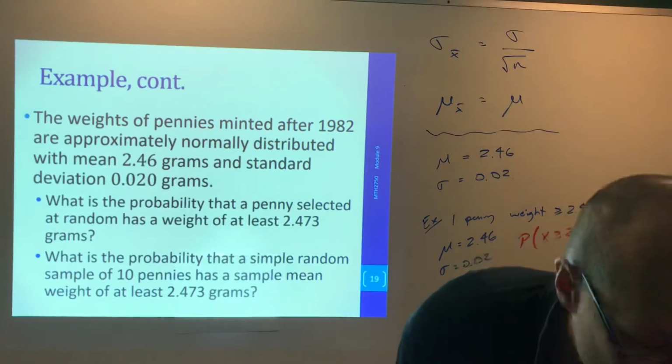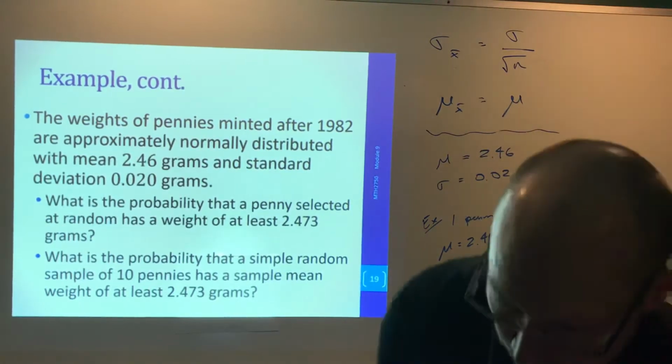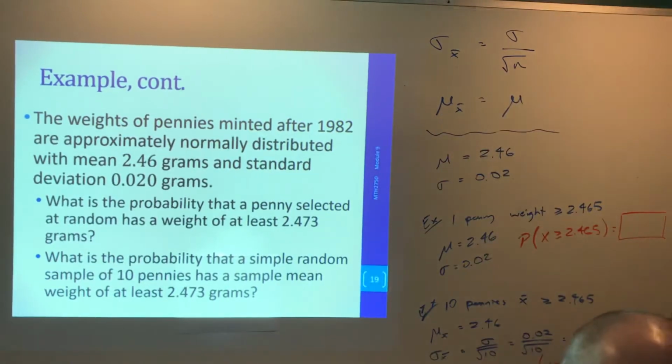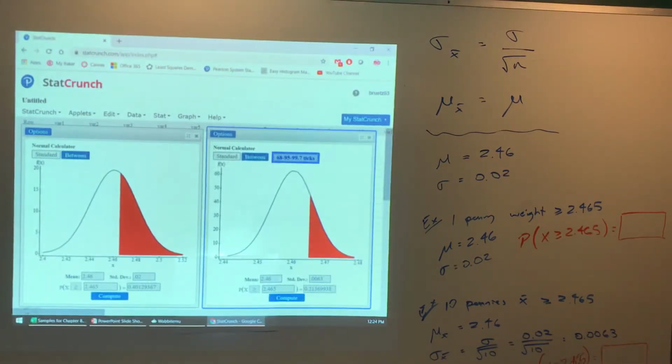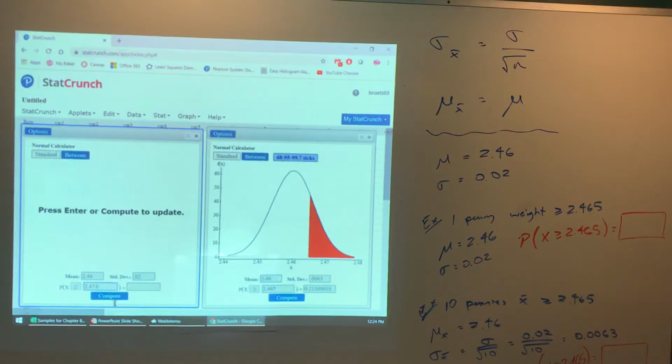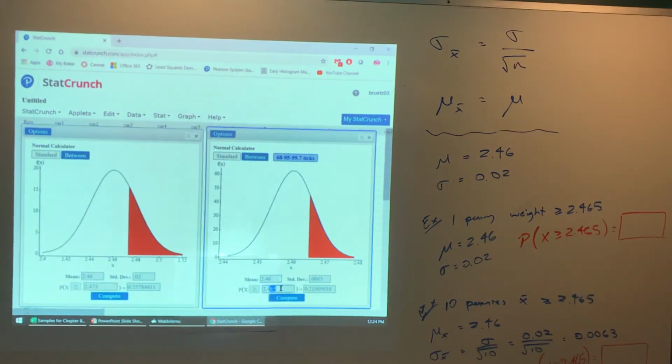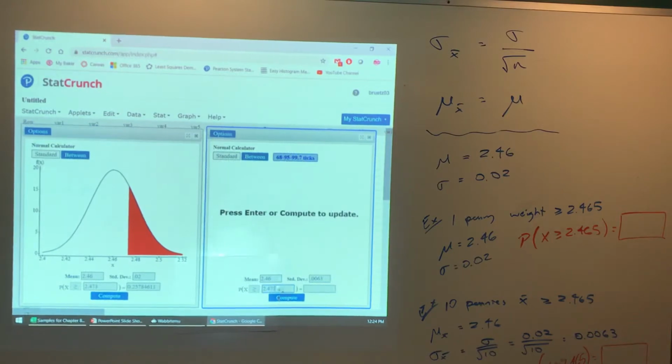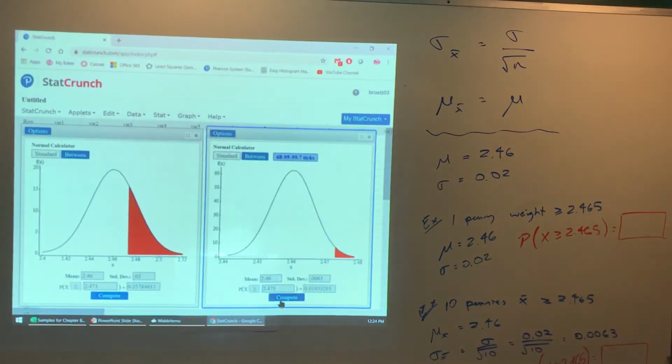Well, we could easily go right back to StatCrunch, and there it is. We could easily go back to StatCrunch and put values of 2.473 and compute. Wow, look at that.